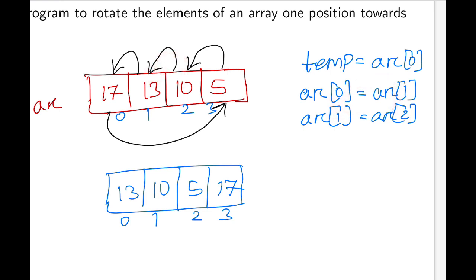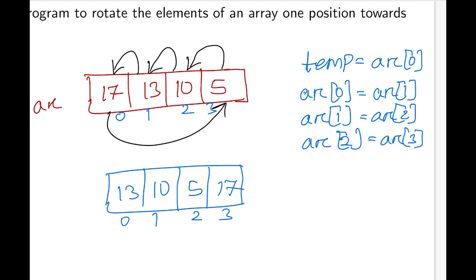So no issues, we can move in this way. Then similarly we can write ar[2] equal to ar[3]. Now if we write ar[2] equal to ar[3], the element present at ar[3] is coming to ar[2]. That means 5 is coming to where 10 was.